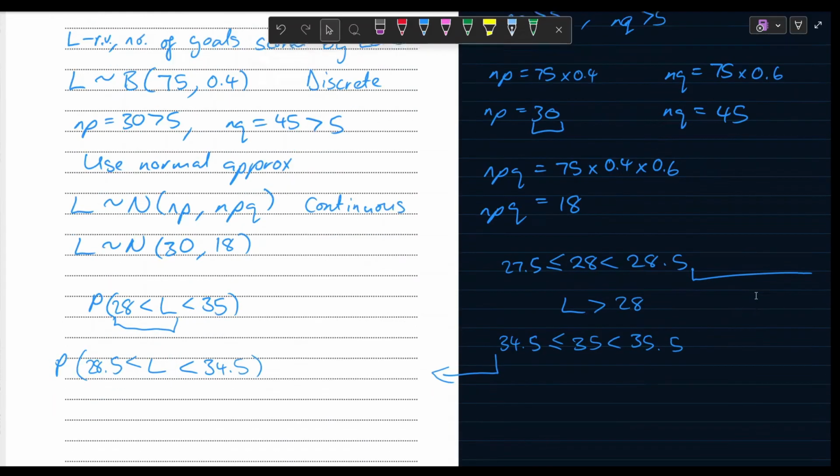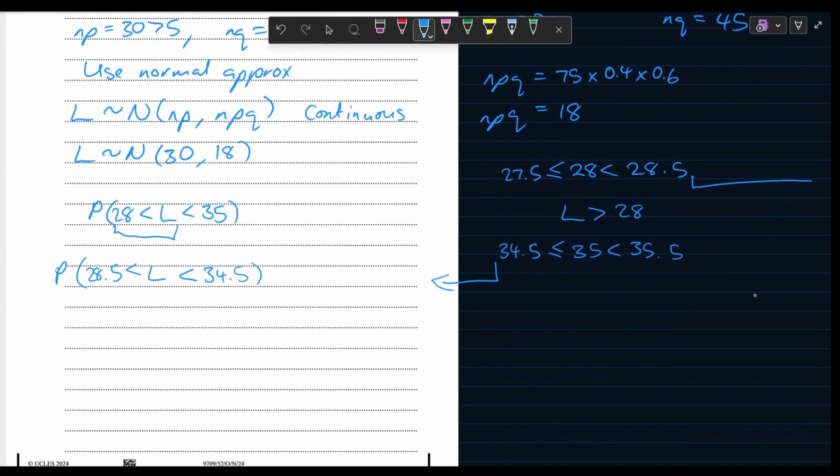Okay. And now that we've done our continuity correction, we can standardize. So that's going to be 28.5 minus our mean, which is 30, divided by our standard deviation, so that's the square root of 18. This is less than Z, which is less than 34.5 minus our mean, which is 30, over the square root of 18. And so let's simplify this.